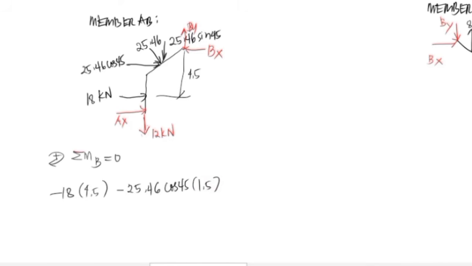And the vertical component of 25.46 will create a counterclockwise rotation. So that's negative 25.46 sine of 45 multiplied by the perpendicular distance, which is 1.5, kalahati ng 3.